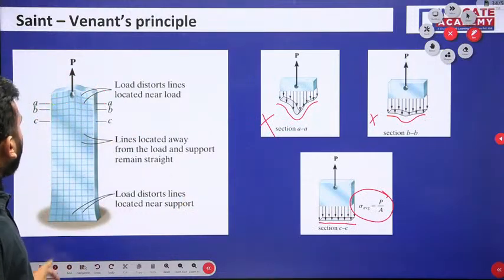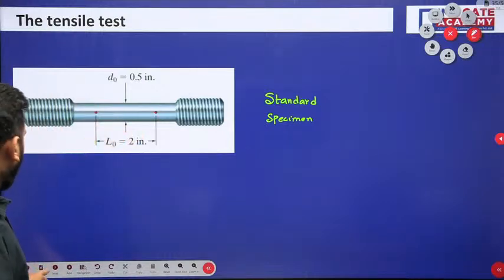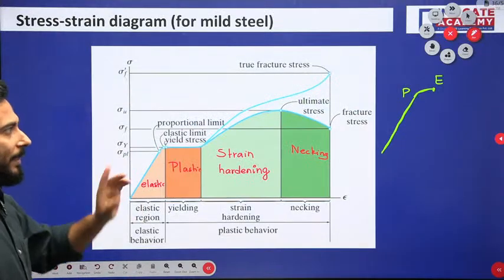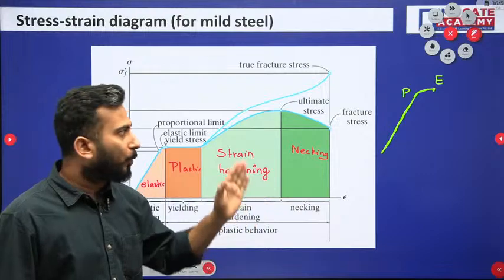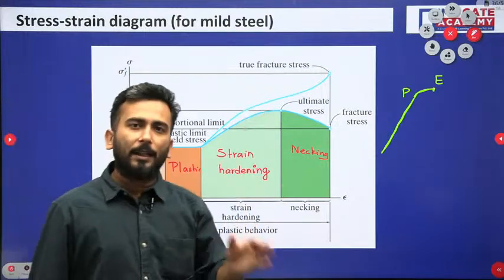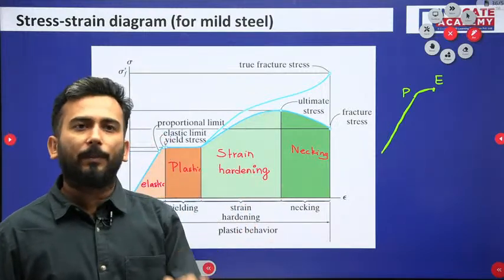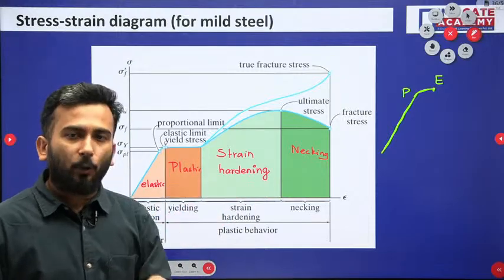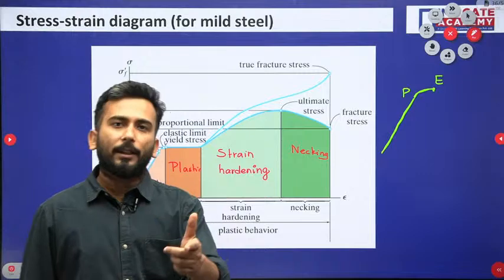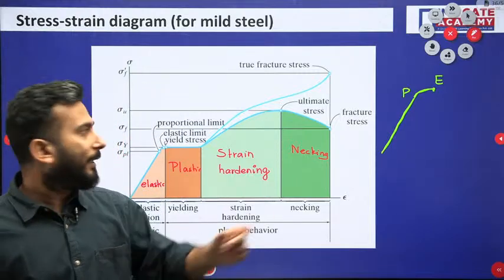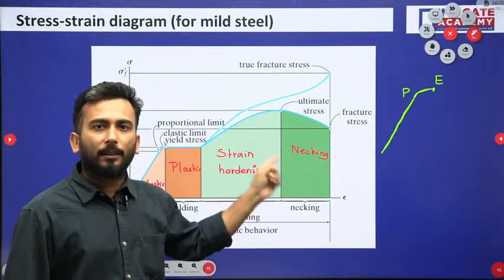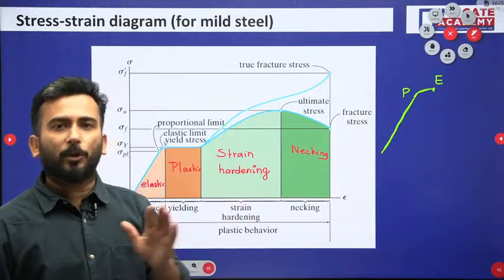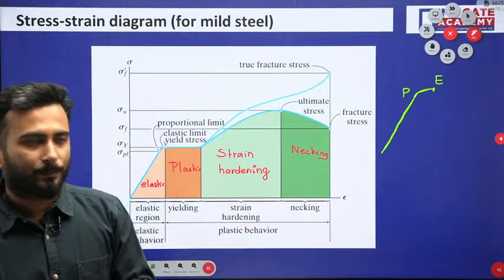Then the tensile test, and what are the basic features of the curve? What is proportionality limit, elastic limit? In strength of materials, we will be within the proportionality limit only. In the production subject, you deal with the strain hardening region after the proportionality limit.